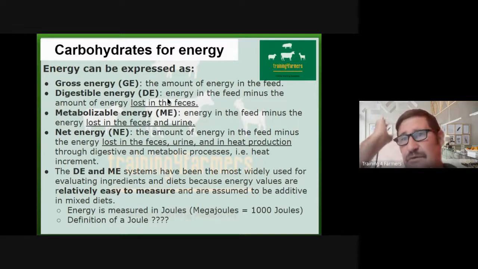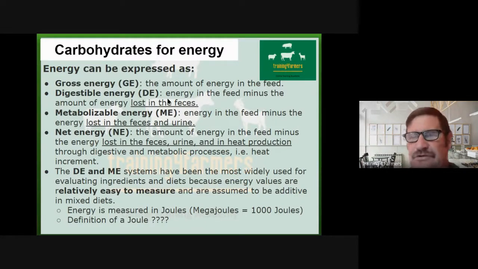Then you can work on total digestible nutrients, which is a different way of measuring energy, but it doesn't just measure energy. It also takes the energy that you can get from proteins and from fats. So it's a combination, not just energy. But for our purposes, for pig diets, we're going to be working on ME.